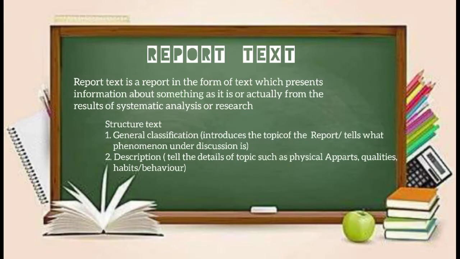Report text. Report text is a report in the form of text which presents information about something as it is or actually is, from the result of systematic analysis or research. Structure of the text. First, general classification.